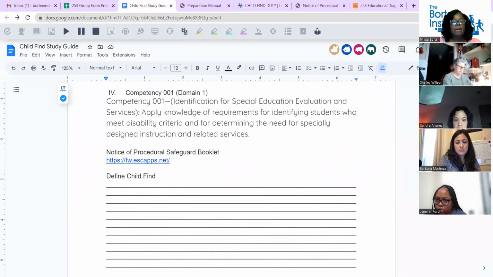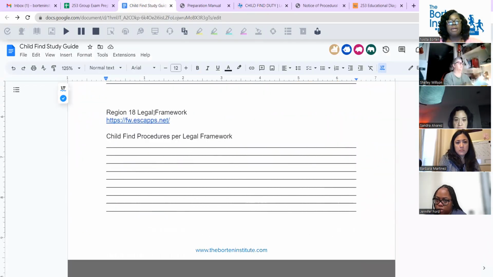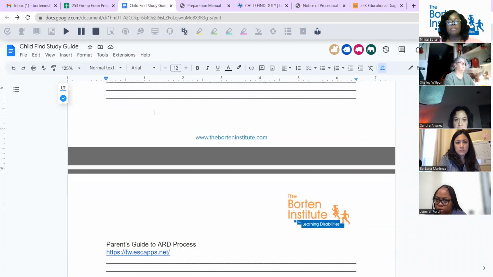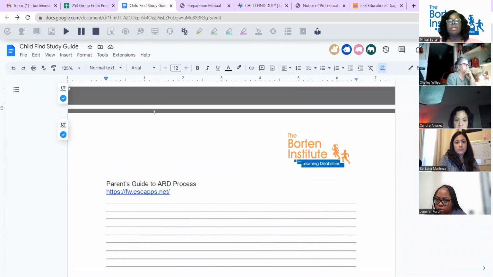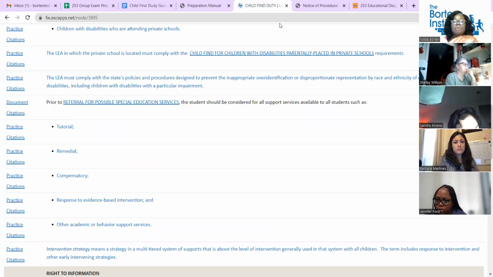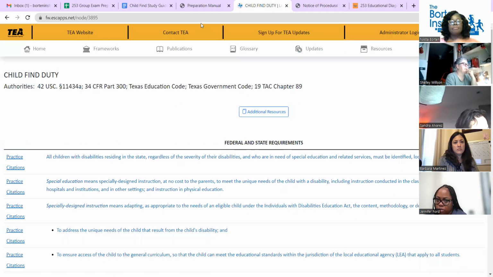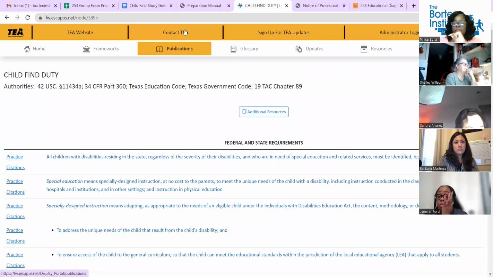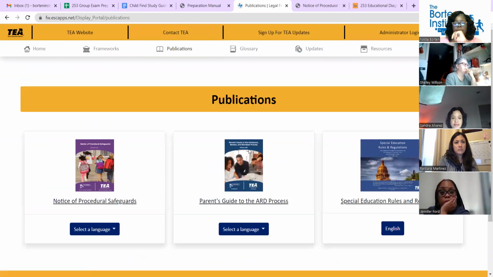So we talked about child find. We looked at child find in both the procedural safeguard booklet and in the legal framework. Now we're going to go to the parent guide to the ART process. I'm going to go back to the legal framework, go back to publications, and click on the parent guide to the ART process.